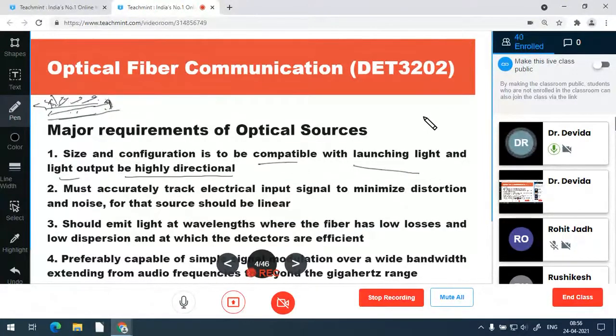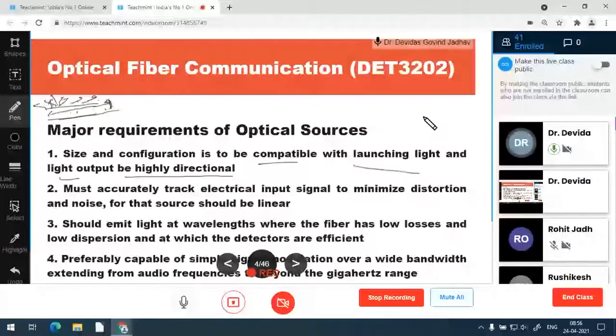Then all portions of the beam will make an angle equal to or more than the critical angle at the core-cladding interface, and that beam will completely get propagated in the optical fiber. So it should be highly directional. So size and configuration are to be compatible, and it should be highly directional.